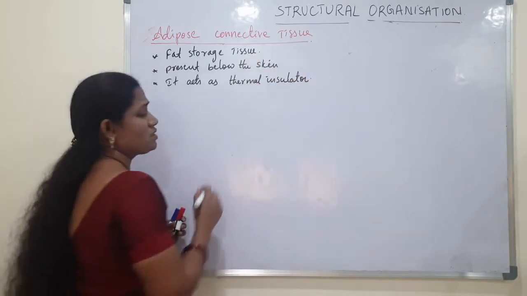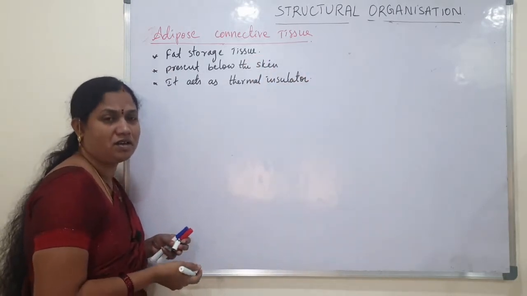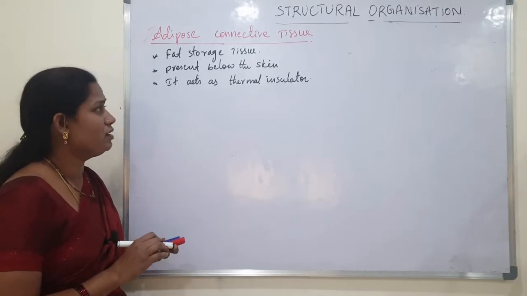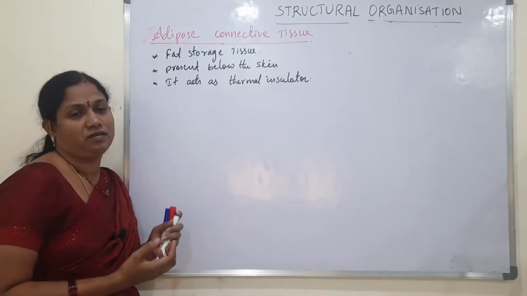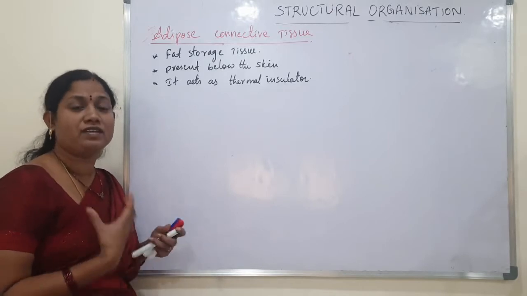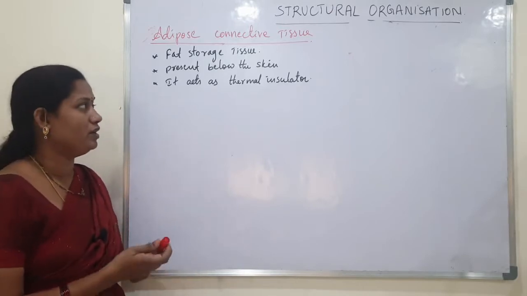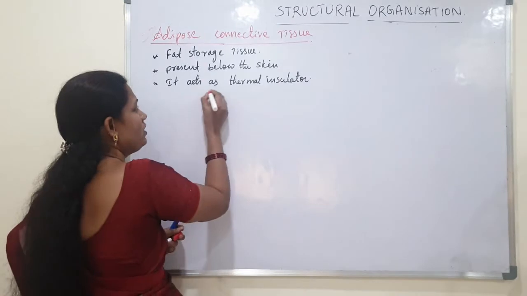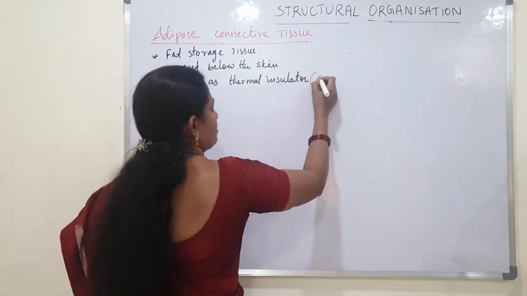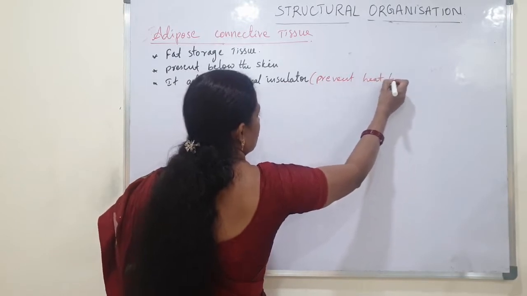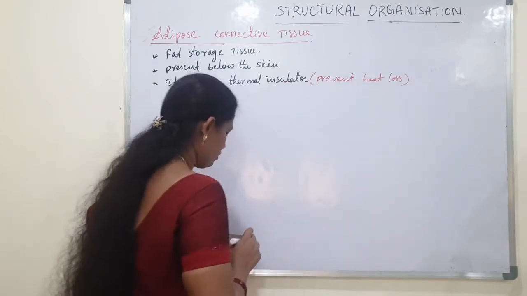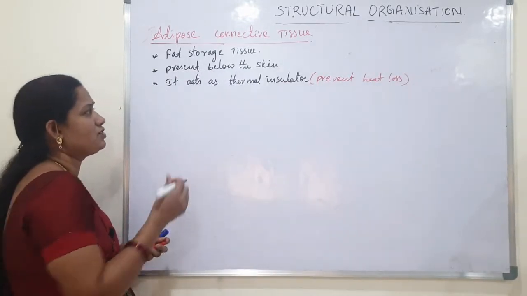Below the skin, it is present beneath the skin and acts as a thermal insulator, which means it maintains the body temperature. It prevents the heat loss from the body. Thermal insulator means prevent heat loss from the body. So that's why it acts as a thermal insulator.